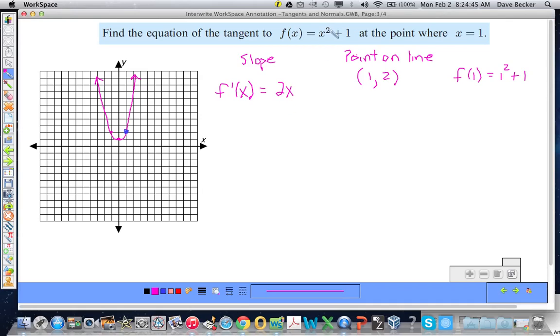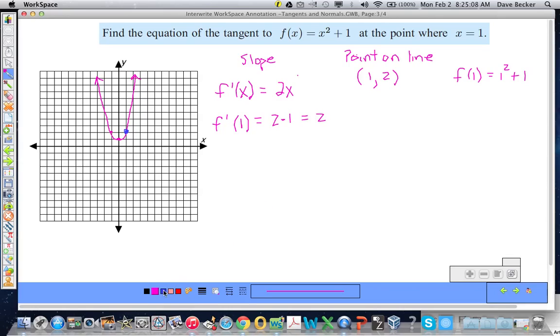There's a 1 here, so 2 times 1 is 2. And then I subtract 1 from the exponent, and 2 minus 1 is 1, so it's 2x to the first power, but we don't write that first power, we don't have to. So to find the slope when x equals 1, I just replace x with 1 in the derivative, so that's going to be 2 times 1 equals 2.